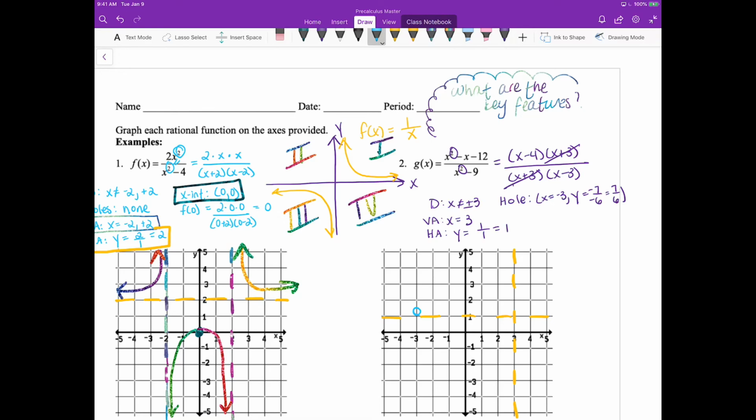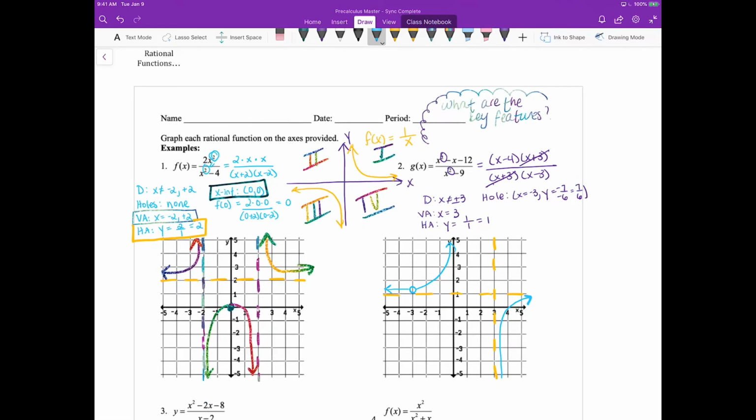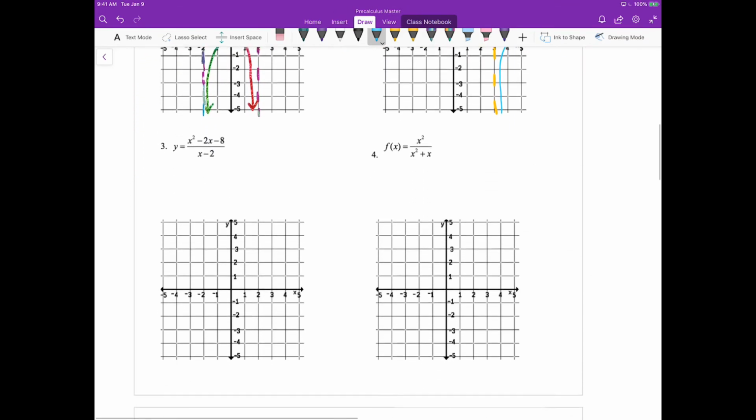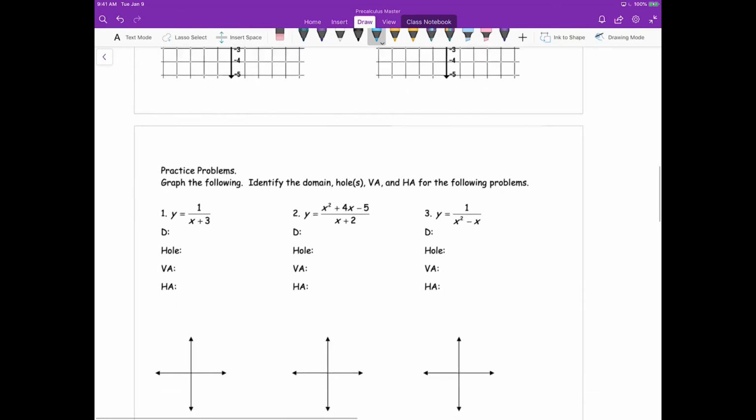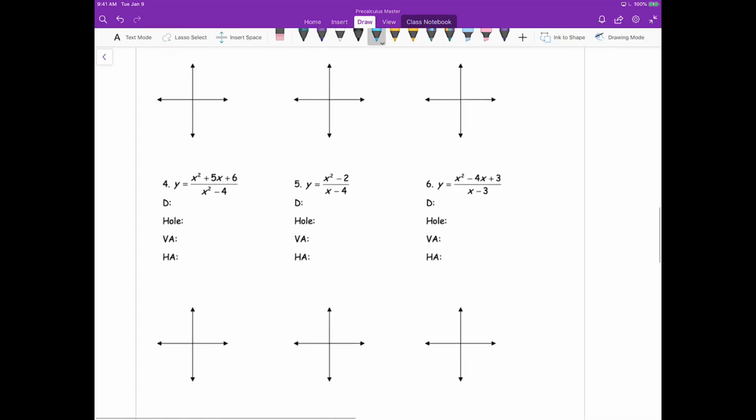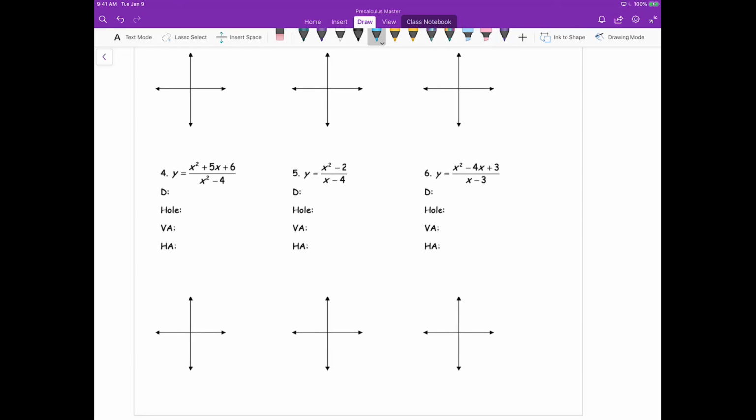Now we have to start in a different part, over here for this function, and I'm going to leave it to you to figure out why. So we have these 2 models, and you have the rest of these practice problems, and you'll identify these key features and then graph them on the coordinate planes provided.